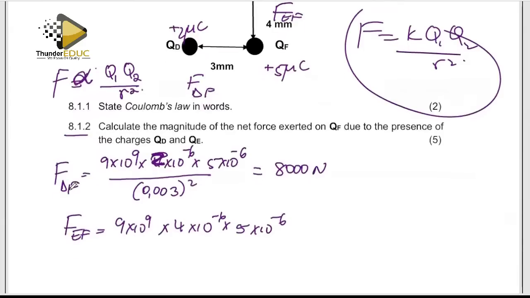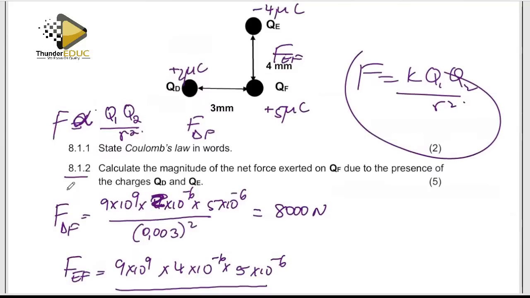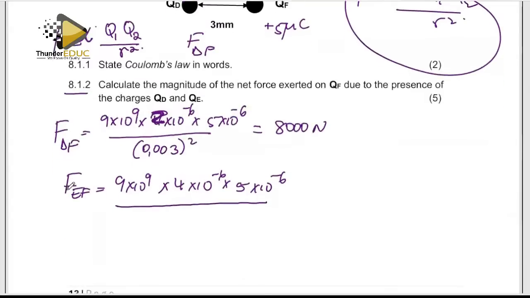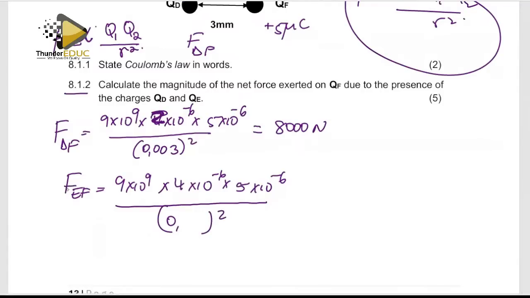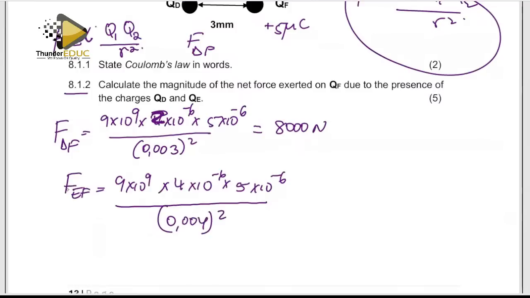And then we're going to divide this by, let's hope I'm not mixing up things, 0.04. Okay, this is 0.04, but no, there are two zeros after the comma, 0.04 squared. So this gives us 5625 newtons.